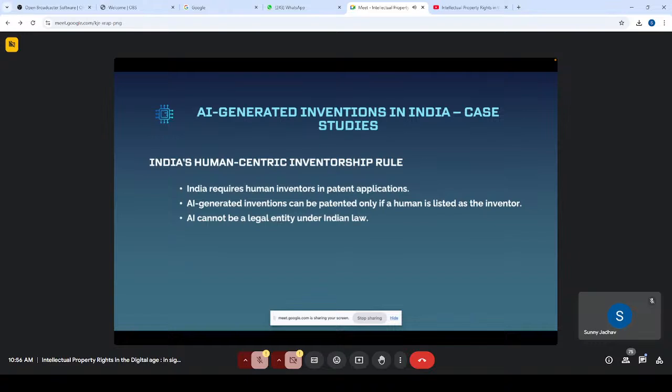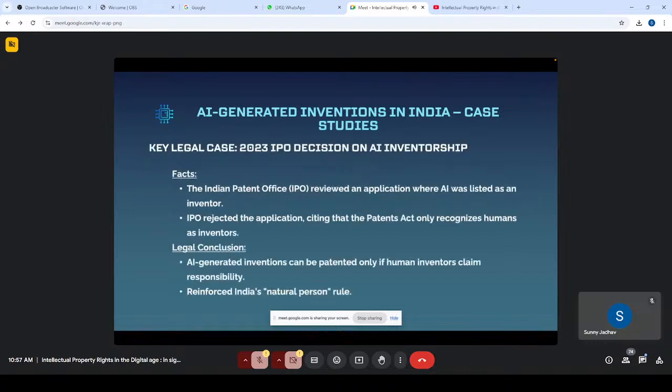Whether AI is assisting is a different question, but on paper, we are very strict. We need someone whom we can consider responsible or hold accountable if something goes wrong. And even if something does not go wrong, there has to be the inventor, which is a natural person and human. Otherwise, it will defy the very basic principle of our law.